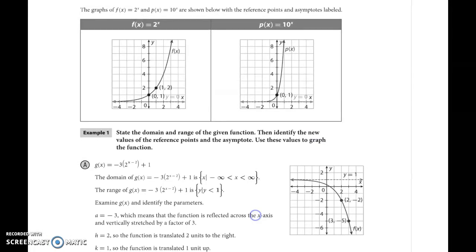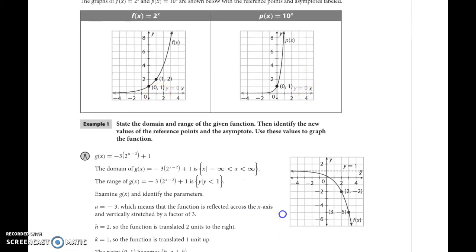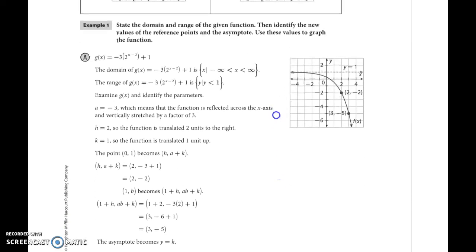These were the two exponential growth functions that we looked at in the Explore. And what happens to them? Here are some shifts happening to 2^x. We have a, which is -3. We have h, which is 2. Remember, you have to flip the sign.